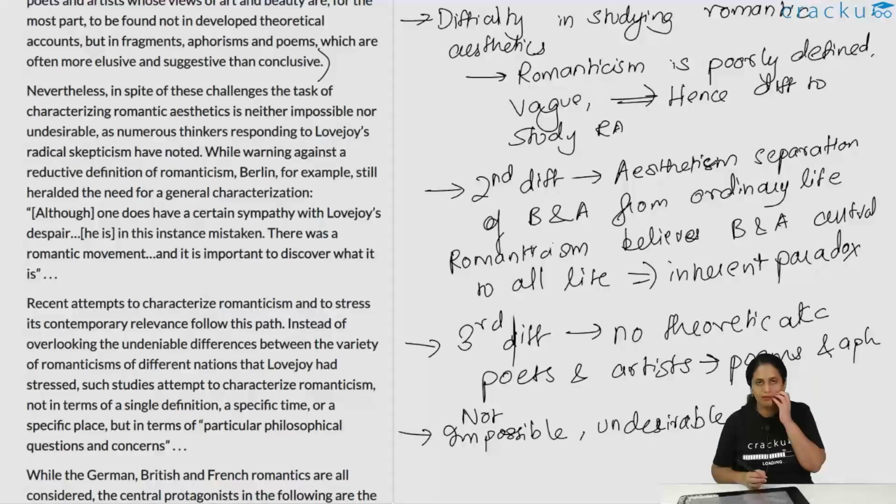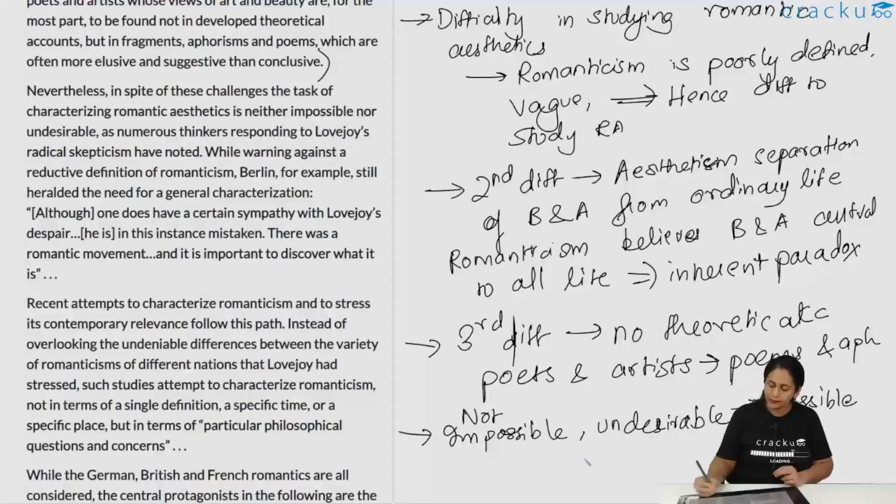Lovejoy is skeptical about studying romanticism and romantic aestheticism, but many people have written that Lovejoy is wrong in this particular account. It is possible to define romantic aestheticism, and it is possible and good to study it, as told by other authors.